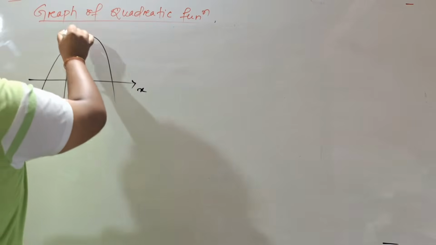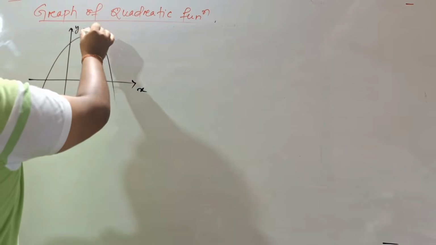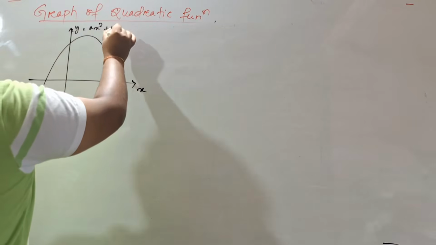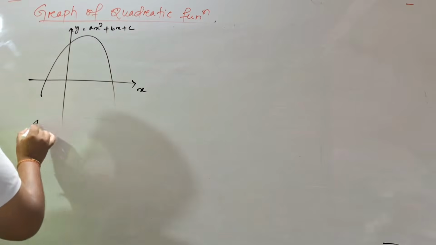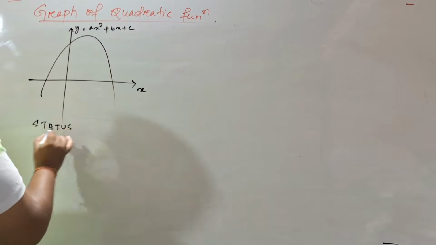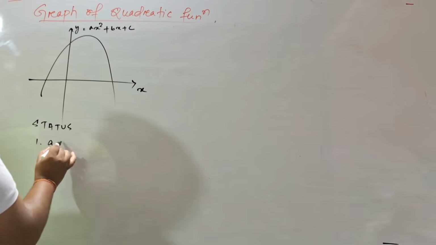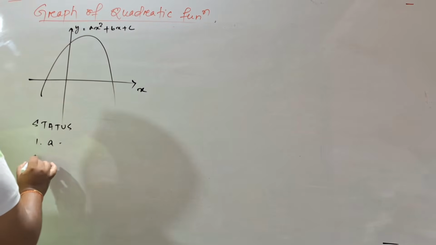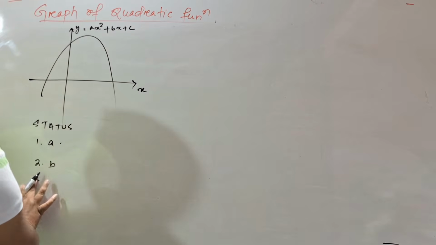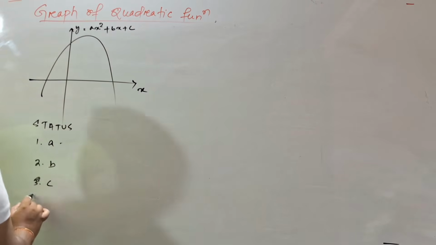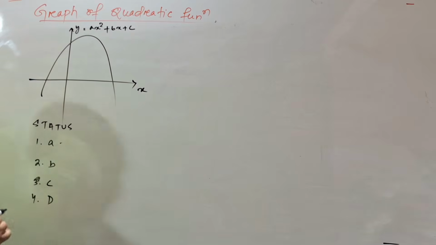This is the x-axis, y-axis, this is ax square plus bx plus c. Tell me the status. Status means what? Status about A, status about B, status about C, and status about D, the discriminant.